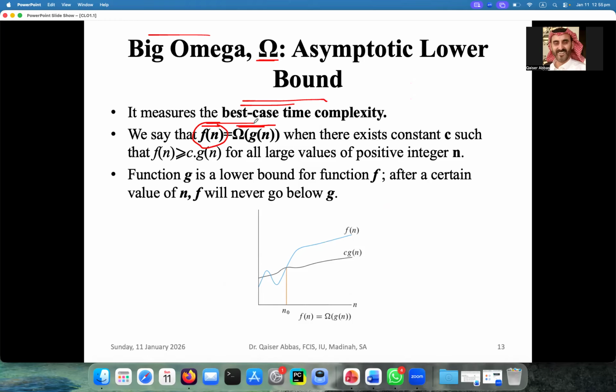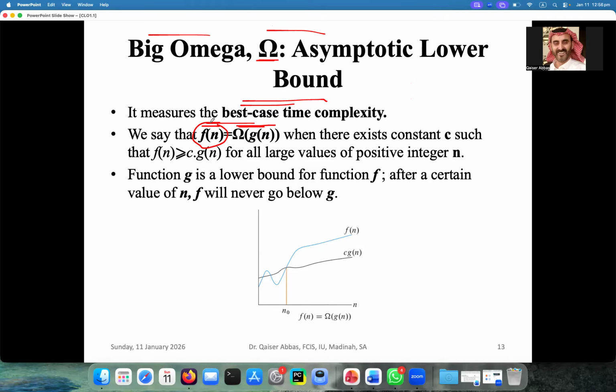Ghazi, once again. I'm saying a sentence: the running time of my algorithm is omega g of n. This is a sentence. I can write it on the whiteboard. How can I say it in mathematics so that I don't have to use words?